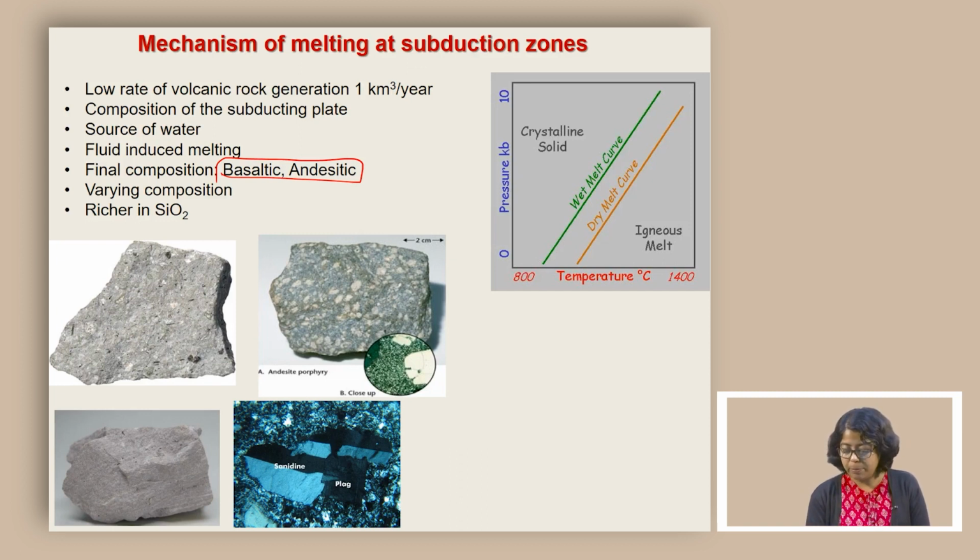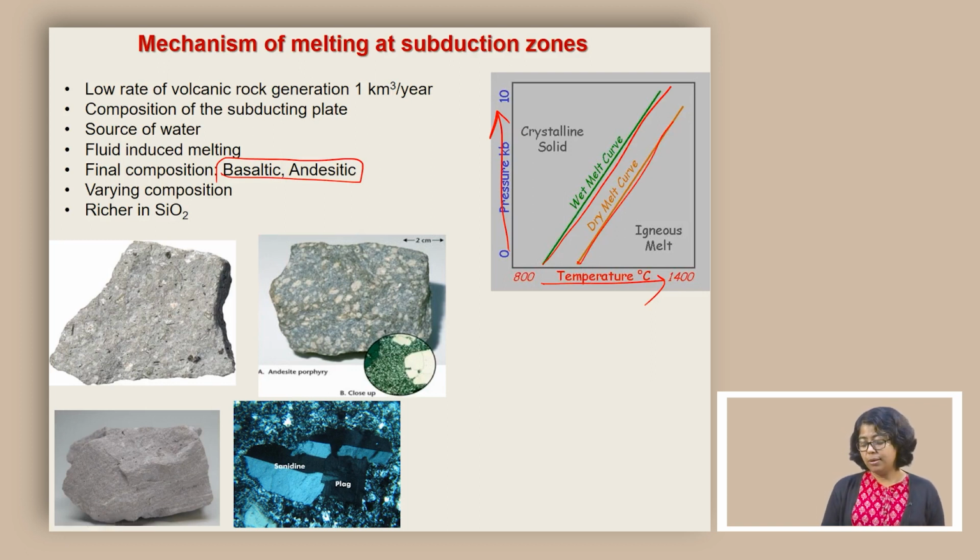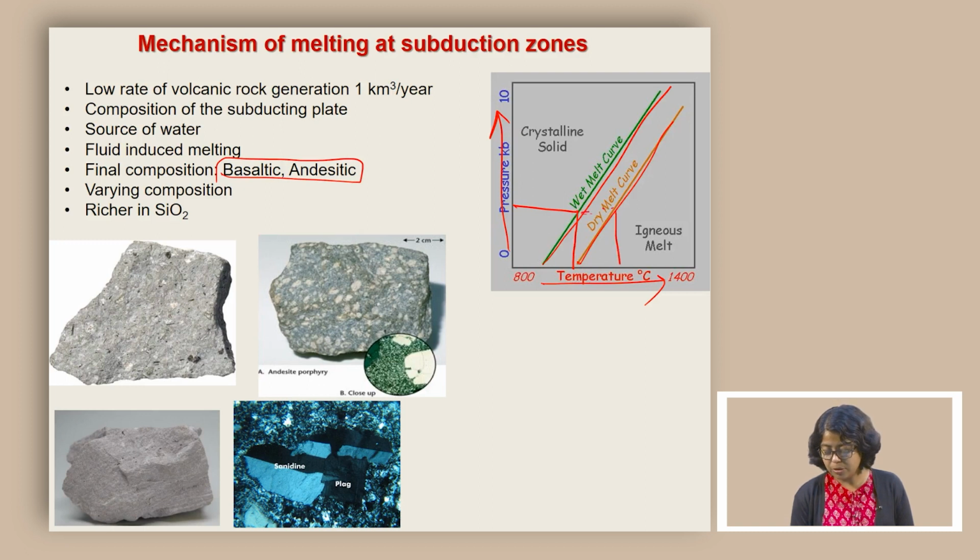So, when we look at the pressure, where pressure is increasing and temperature is increasing, we do find that this is the wet melt curve. That means the wet melts faster than the dry melts, and it goes to the melt phase at any point of pressure at a lower temperature than the higher temperature required for the dry melt.